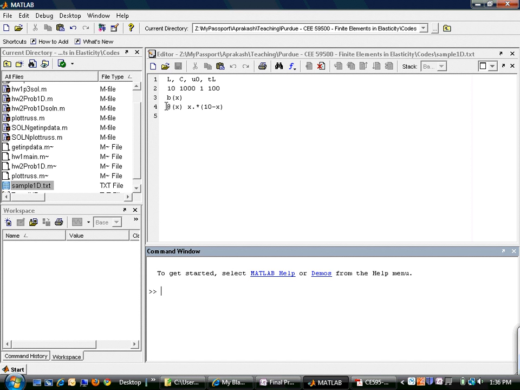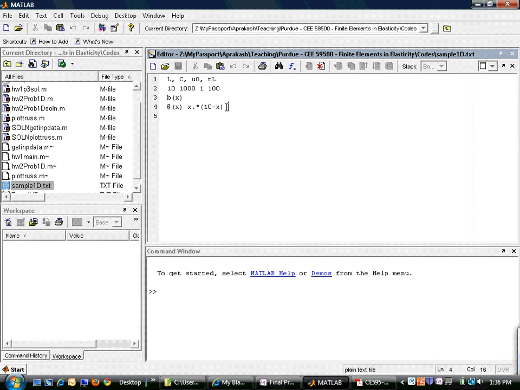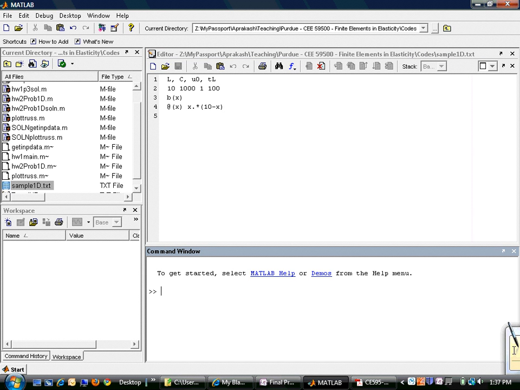What this line is saying is that we are creating a function of x, and that function of x is equal to x multiplied with 10 minus x. So this is a quadratic function. I can create any other function I want in a similar way.